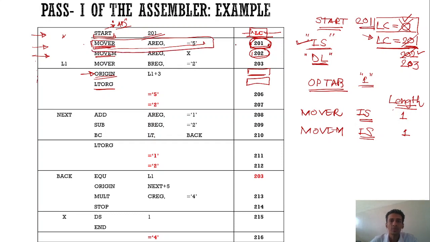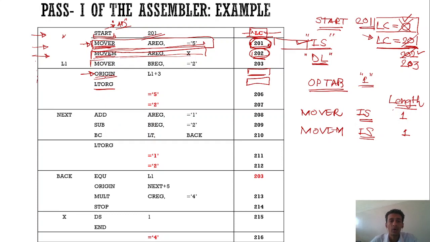So for this particular instruction, the location counter 201 means at location 201 we have loaded this MOVER instruction. Similarly, at location 202 we have loaded this MOVEM instruction, and 203 MOVEM again, and so forth.